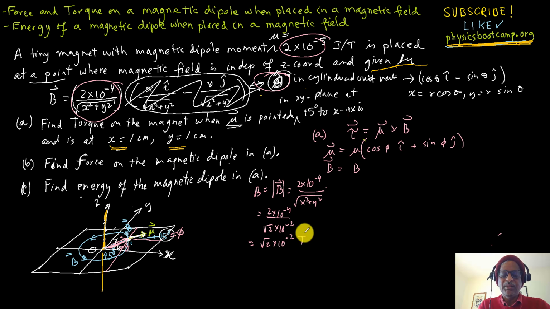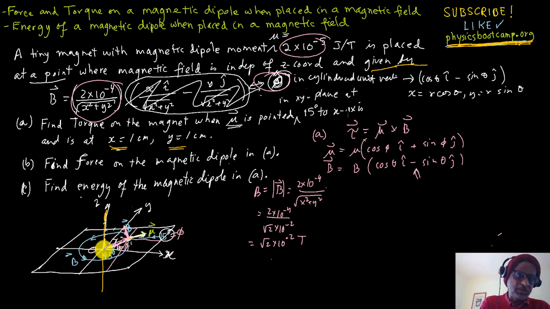Okay, that's the magnitude of B, but the B direction is in the third direction. That means cosine theta i hat minus sine theta j hat. This is minus because it's in a direction 90 degrees to this. If I have the xy direction and that point, that's 45 degrees, that's theta.